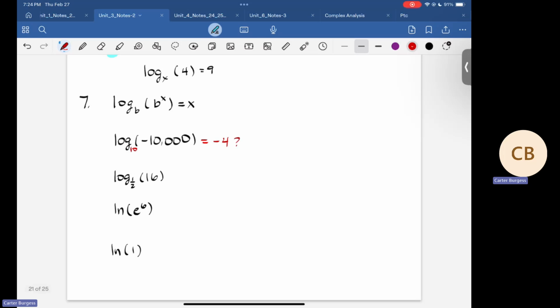But remember that the negative in our exponent, if I rewrote this as 10 to the -4th, actually makes us take the reciprocal. So this wouldn't be -10,000. This would be 1 over 10,000. It turns out there are ways to get negative results by doing exponentiation, but the way that we need to do that requires us to use imaginary numbers. We're not going to see any of that, certainly not for a while.